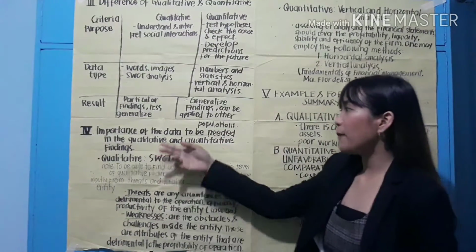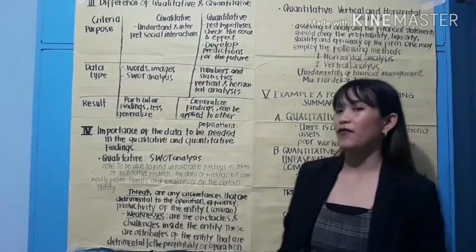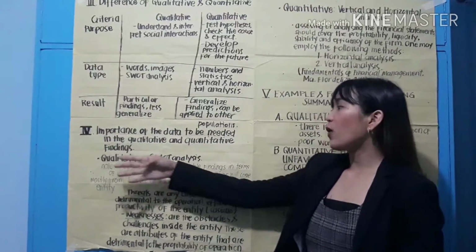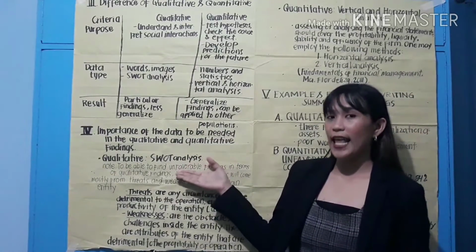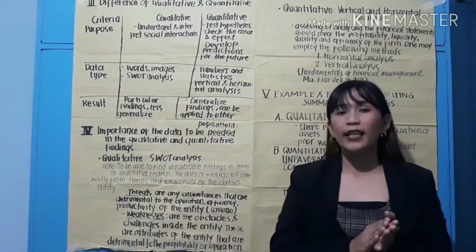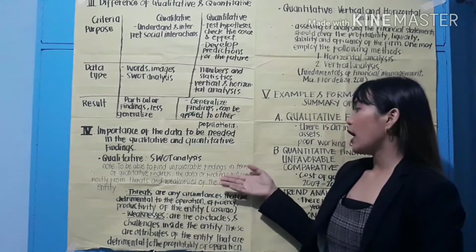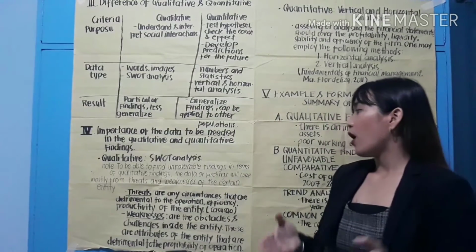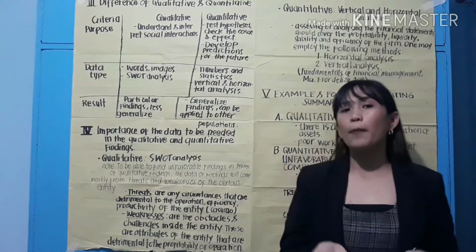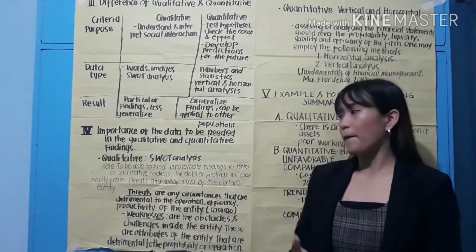The next one is the importance of data needed in the qualitative and quantitative findings. First, in the qualitative findings we need to have SWOT analysis. Note that in unfavorable situation or findings, the qualitative findings will come from the threats and weaknesses of the company.